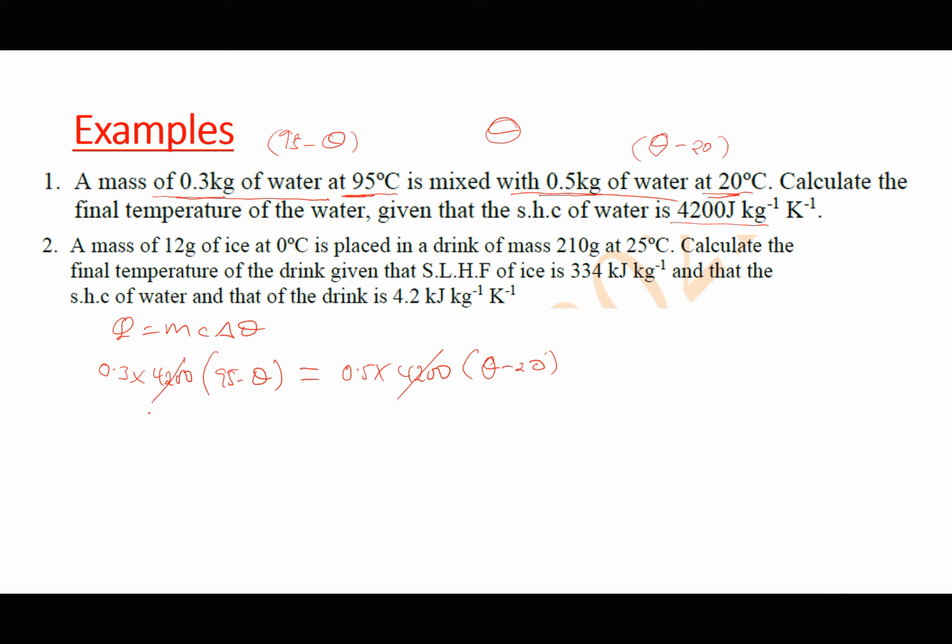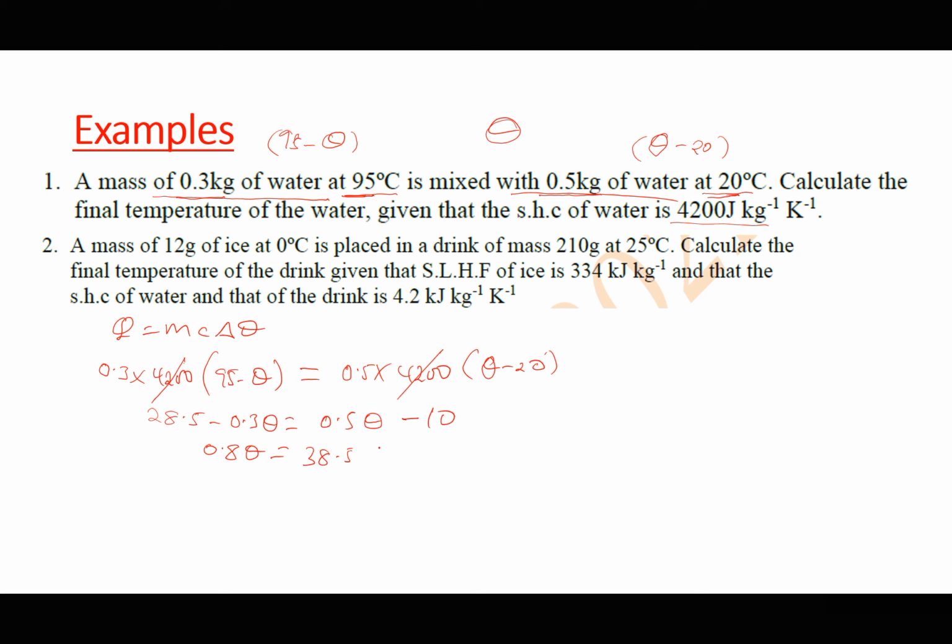So here I have 28.5 minus 0.3 theta is equal to 0.5 theta minus 10. So collecting like terms, I have 0.8 theta is equal to 38.5.